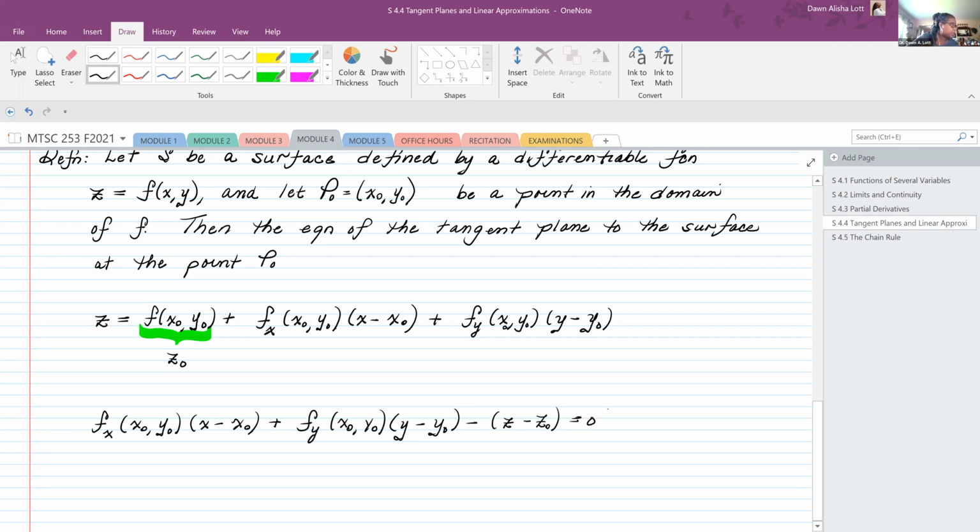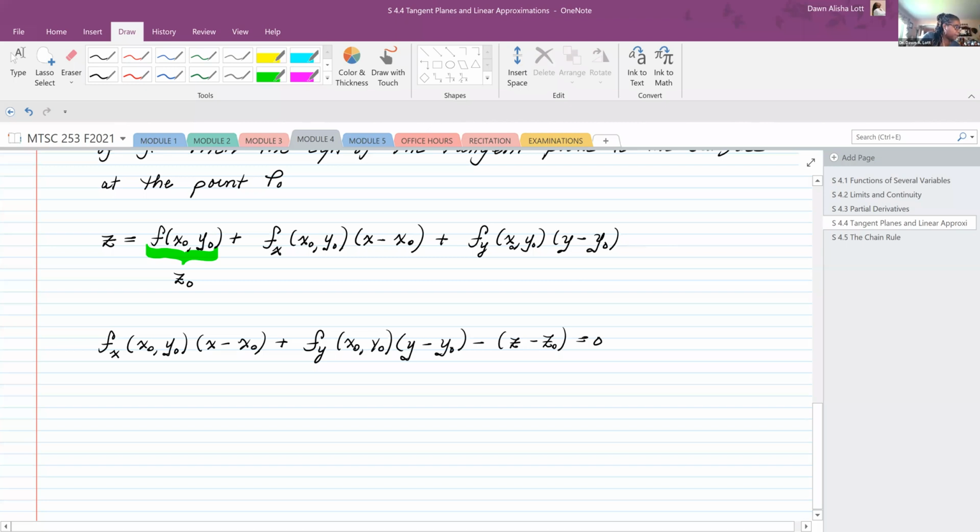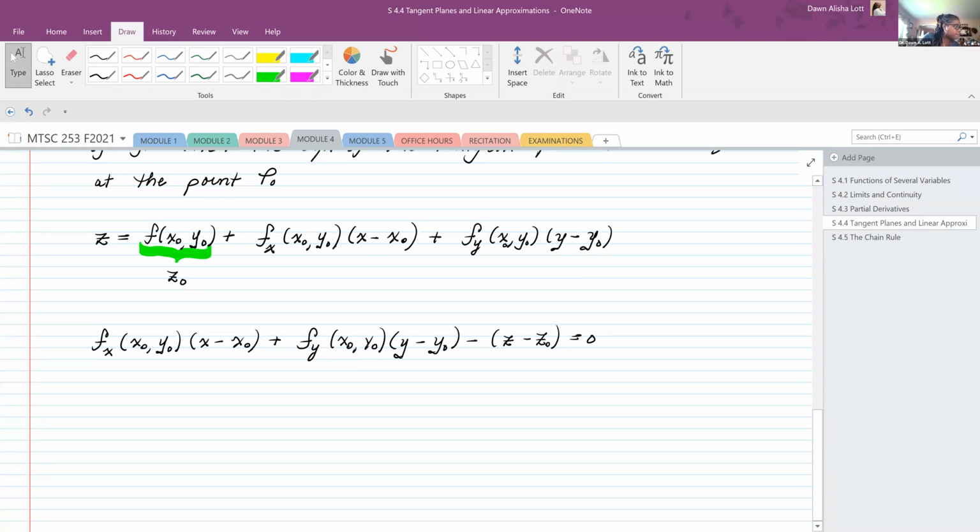So either way you can write it, that's the tangent plane. Okay.